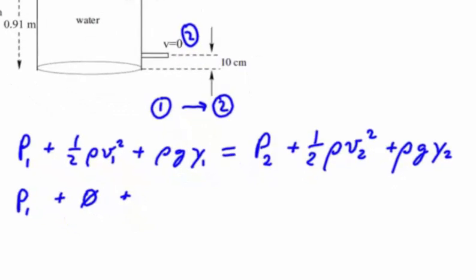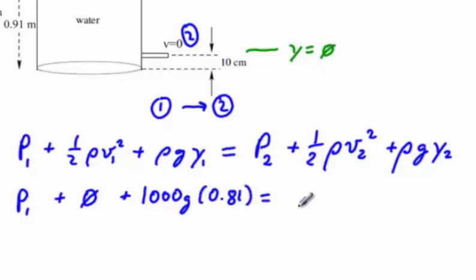We'll continue to use y equals 0 at the top of the faucet, meaning that the height at location 1 is 0.81 meters. As before, you could have used this as 0.91 and put a 0.1 meters on the other side of the equation. In gauge pressures, since the fluid is in contact with air at location 2, it has the same pressure as the air, which is a gauge pressure of 0. It isn't moving, and it's at a height of 0.